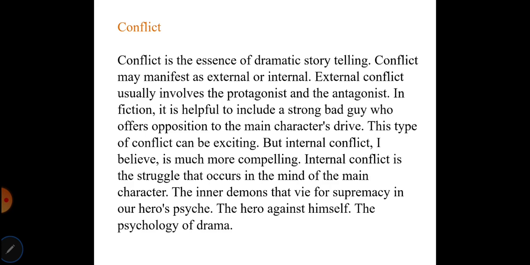Let us say, for example, in Othello, you have Iago, the villain or the bad guy. So usually if you have a conflict between a protagonist and an antagonist, this is external type of conflict.